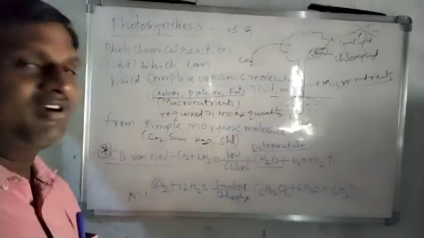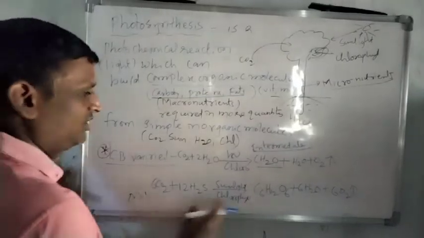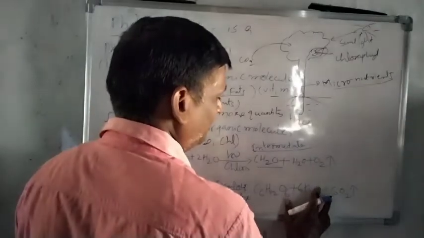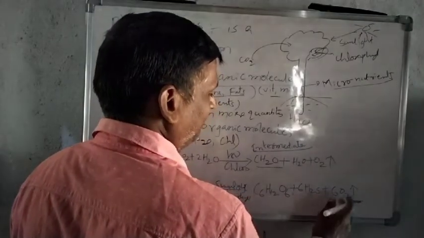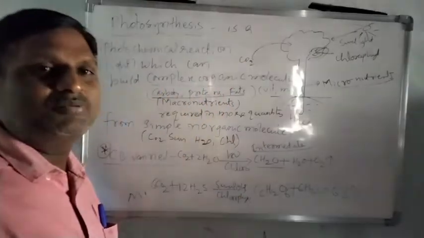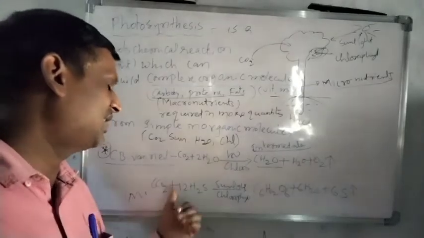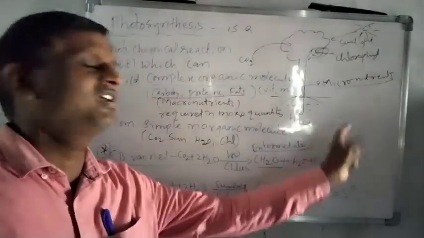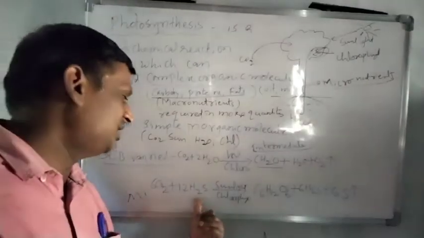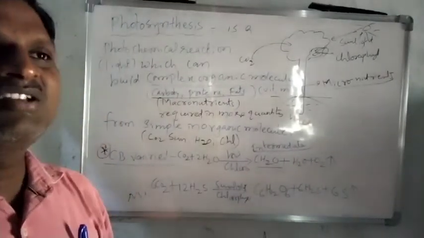When hydrogen sulfide is the reagent in the process of photosynthesis, at the end of the process sulfur gas is produced. Thus, if the starting material is hydrogen sulfide, the end product is sulfur gas.